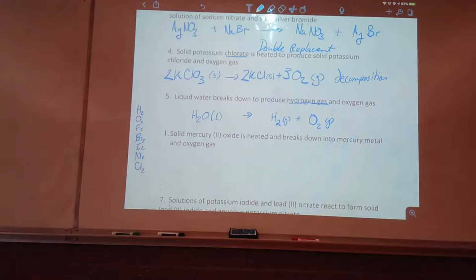Well, what do we need? Two in front of the H2O. So we need more oxygen, that's right. So we added an extra water. So we need a 2 in front of the H as well. Well, now we have 4 hydrogens, so we need a 2 in front of the H's. Gas.